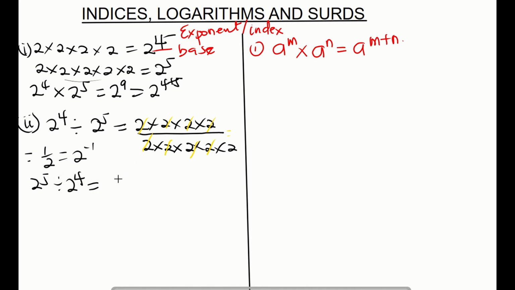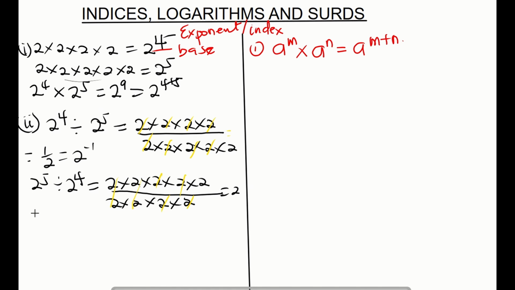This will give us 2 times 2 times 2 times 2 times 2 all over 2 times 2 times 2 times 2. Then we know that all this will cancel. This takes away this, this takes away this. So what is remaining? 2. We are only left with 2.